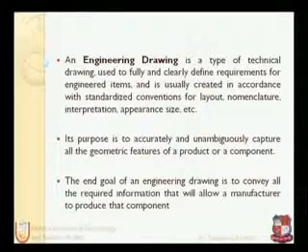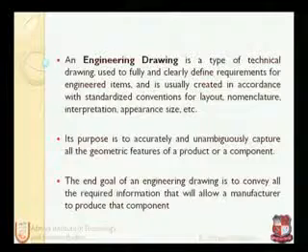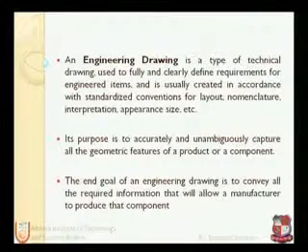The purpose is to accurately and unambiguously capture all the geometric features of a product or component, and finally the end goal of engineering drawing is to convey all the required information that will allow the manufacturer to produce that component.